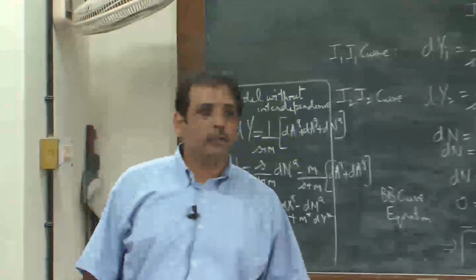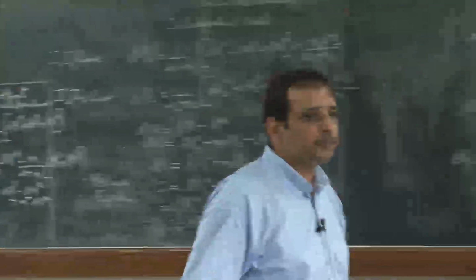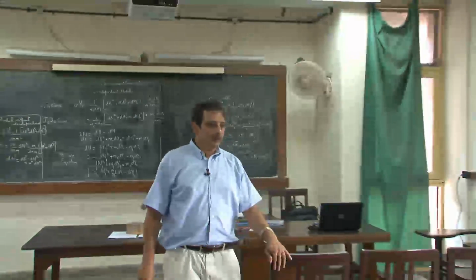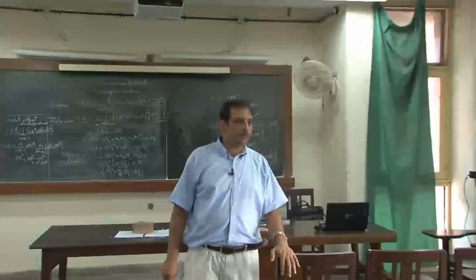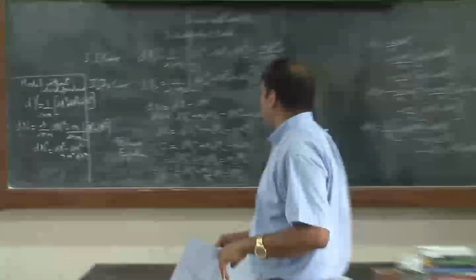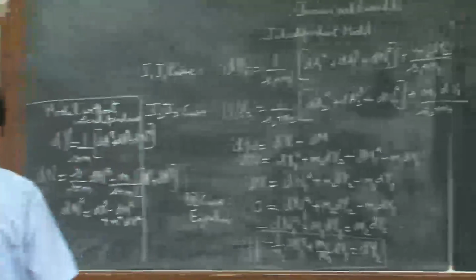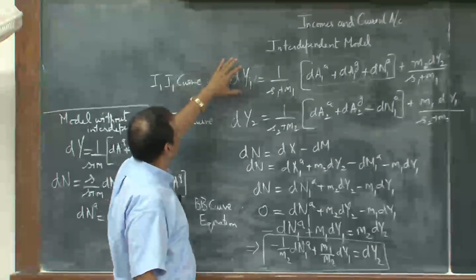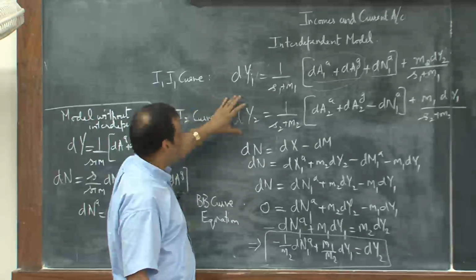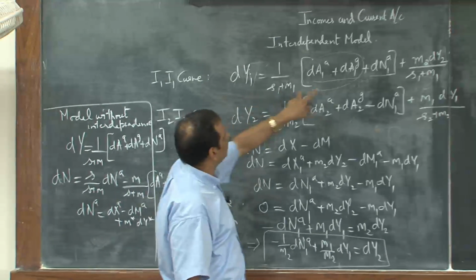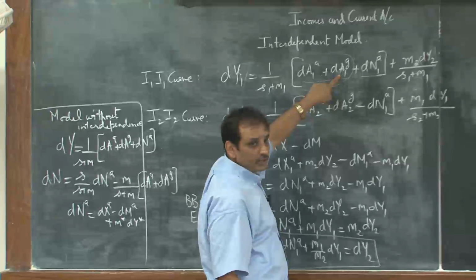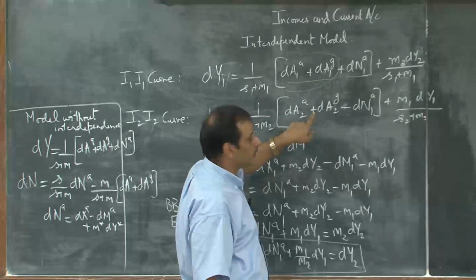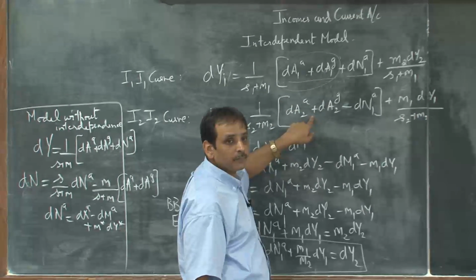Now the shock which is given, yes. In the first case, the I2, I2 will not shift because the I1, I1 curve is this, the I2, I2 curve is this. So you can see that dA1A and dA1G are not here in the second equation.